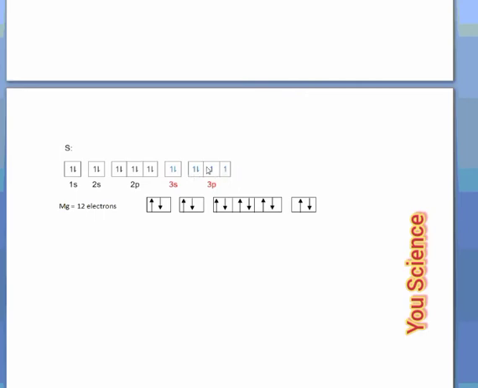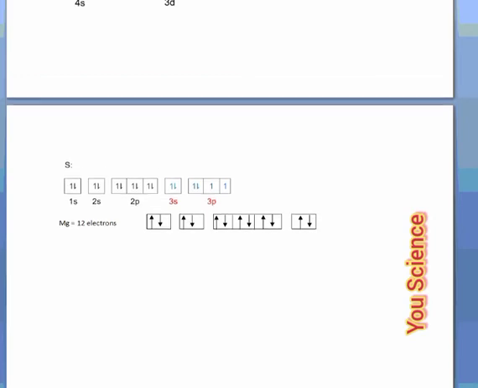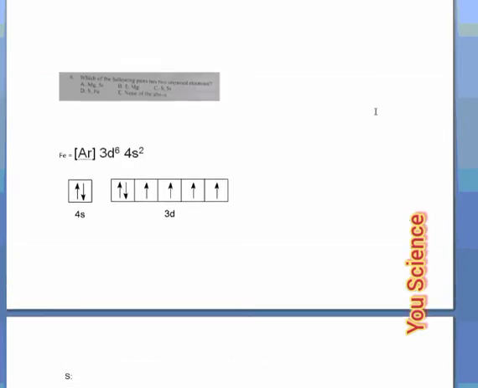So sulfur has two unpaired electrons at the p orbital. So let's go back to the options and see what we have there. So it means that option D and option B are possible answers. We have sulfur in D, but because iron does not have two unpaired electrons, it has four, then that is that. So we are going to narrow our search down to B as well.